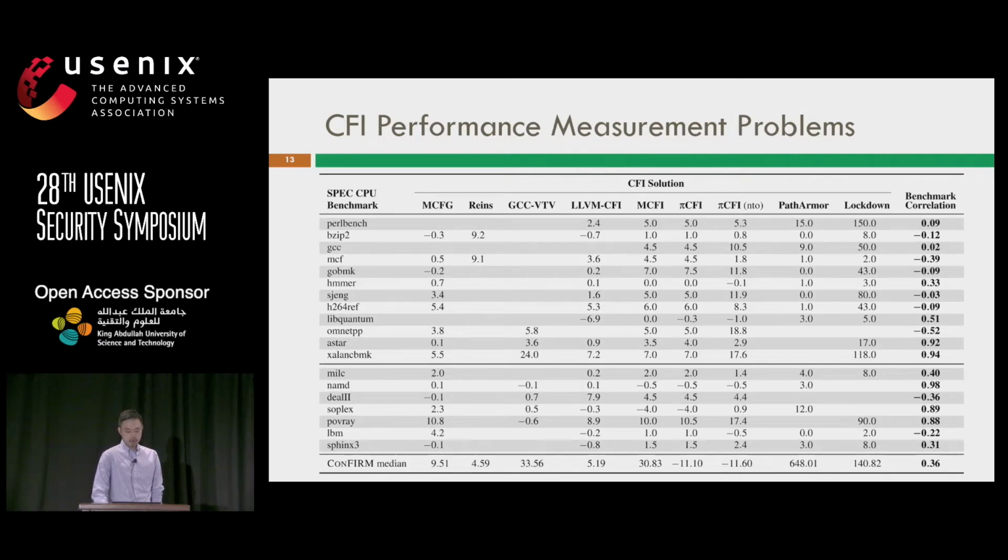And so when we get performance results for those, it's not necessarily representative of what the performance would be on a real large application with complicated control flow graphs, like, say, PowerPoint. So we did a correlation analysis from CONFIRM scores versus SPEC CPU performance scores in the presence of CFI.